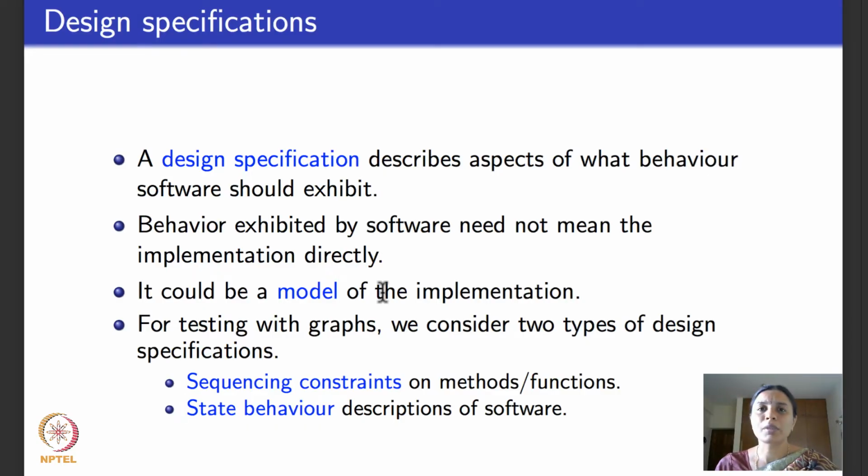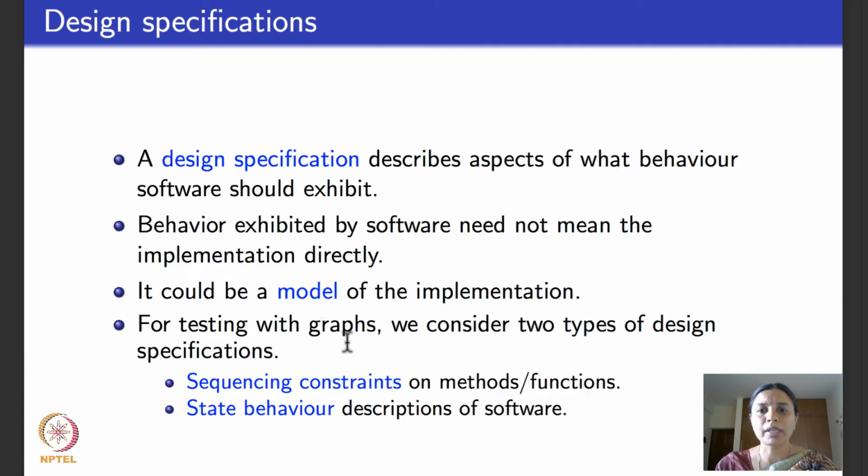Not all design specifications are derived directly from the requirements of software. Some of them are extra specifications written to ensure that the design is indeed correct. So design specification can be thought of as a part of the model, the design model corresponding to the implementation.